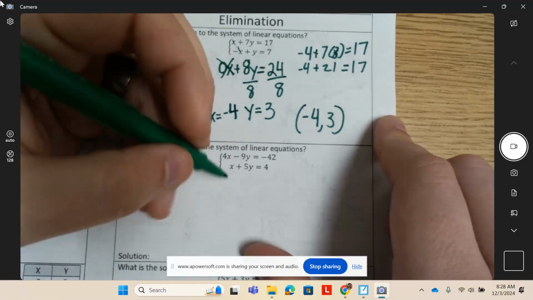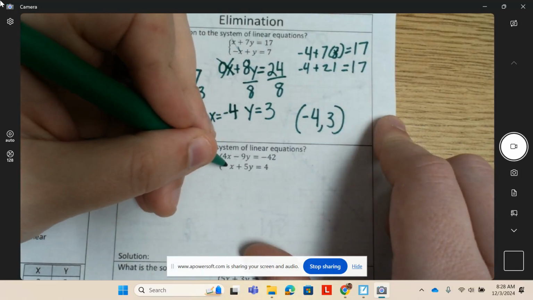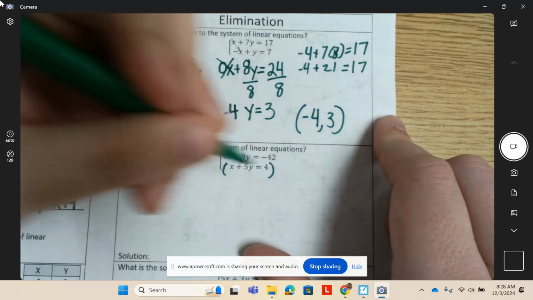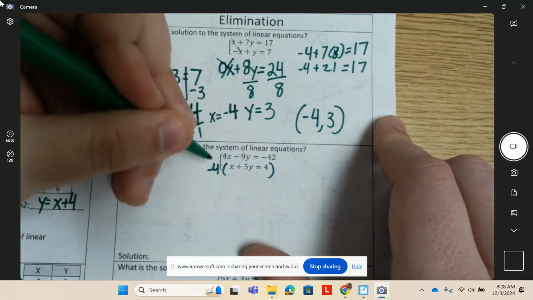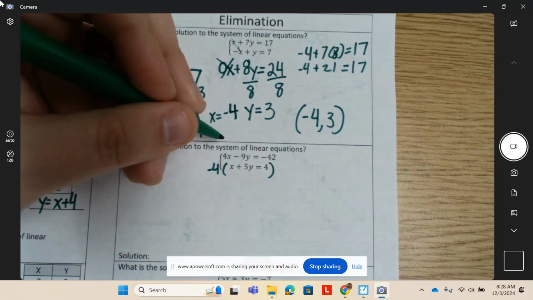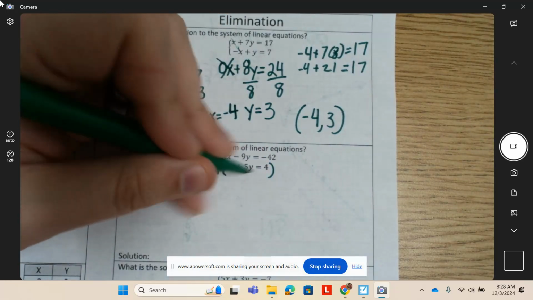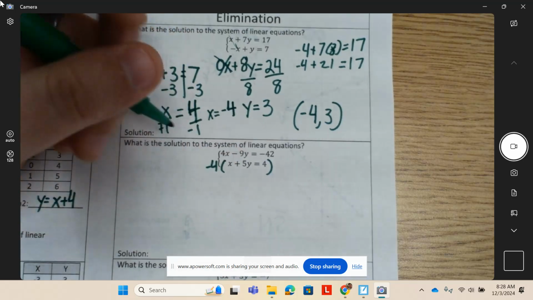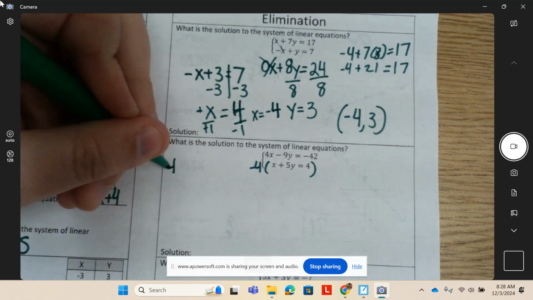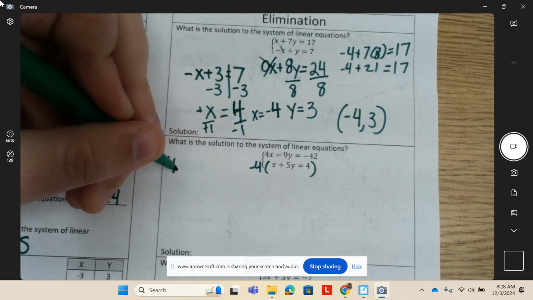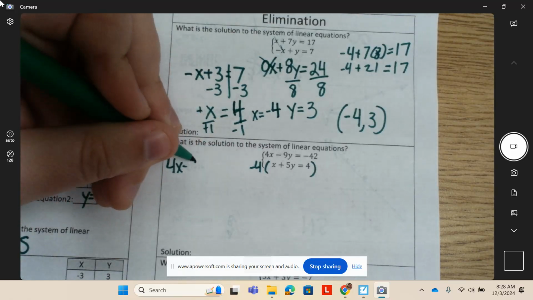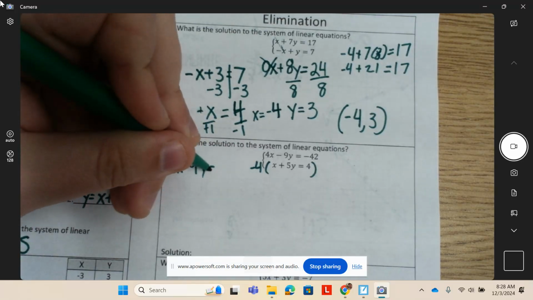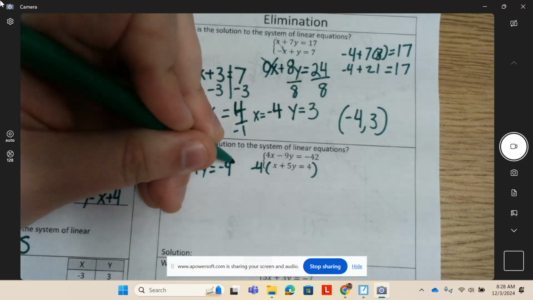So what I can do is take and multiply this whole equation here times negative 4. What that means is everything that's in here is going to get multiplied by a negative 4. So let's do this first. I'm going to rewrite my top equation, 4x minus 9y equals negative 42.